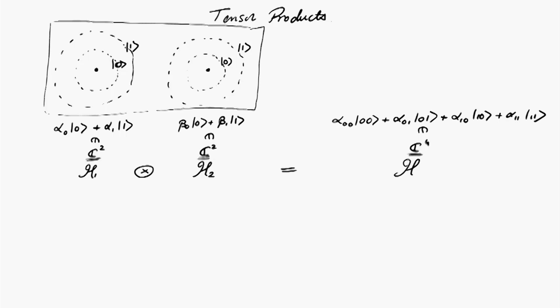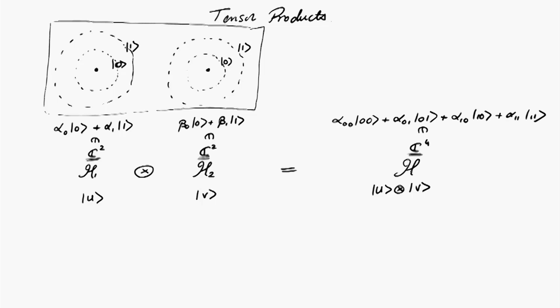So what this operation consists of formally is, if you have a vector u in H1 and a vector v in H2, then for every such pair of vectors, you can write down a vector u tensor v in H. Now this tensor product satisfies a few properties.